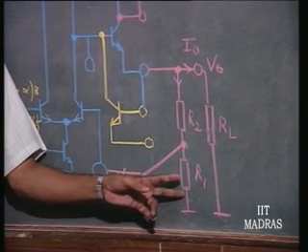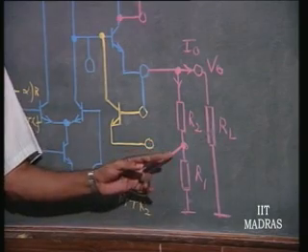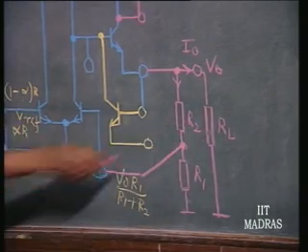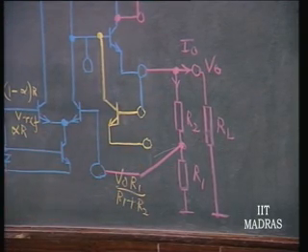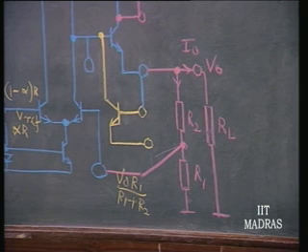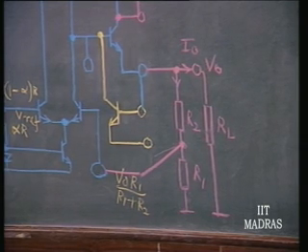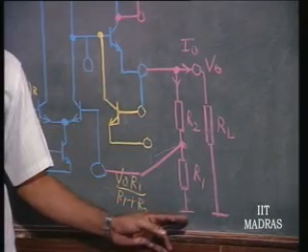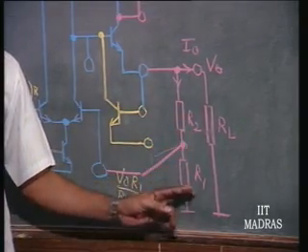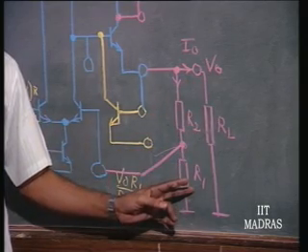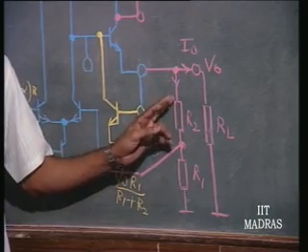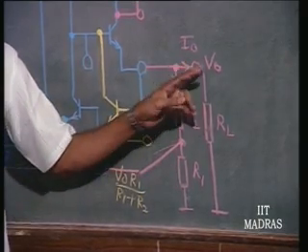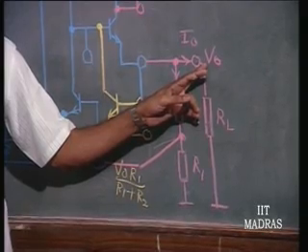There is a maximum limitation on R1 plus R2, as well as a minimum value for R1 plus R2. So, R1 plus R2 should not be made too low, lest this current becomes comparable to the load current. So, this current should be very small compared to the load current. That is how a designer should design.